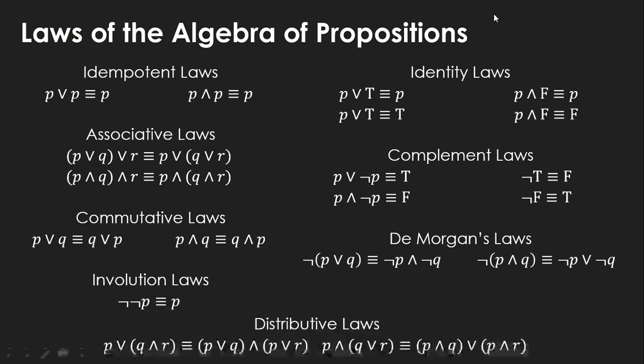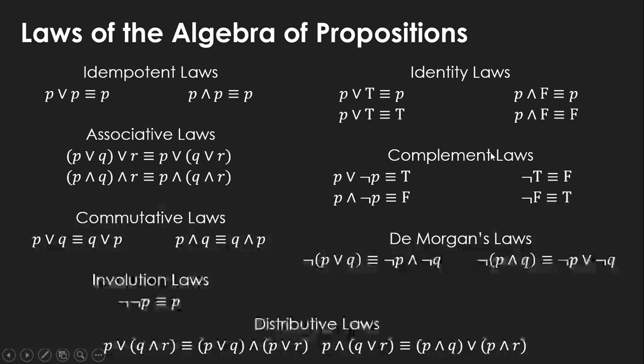Now, also we have the identity laws stating that when a certain statement is operated with a true statement using a disjunction, the result will have a value of true.